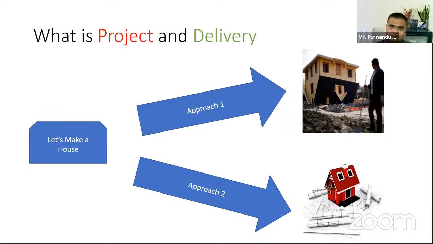Okay. Now, we use this quite evidently in our day-to-day life. The only difference is we don't realize that this is actually a proven process. And what we are naturally doing is a methodological process that we follow. Okay. So now I will come back to our first slide where we want to target what is project delivery methodology. So I hope now we're clear with what is a project.